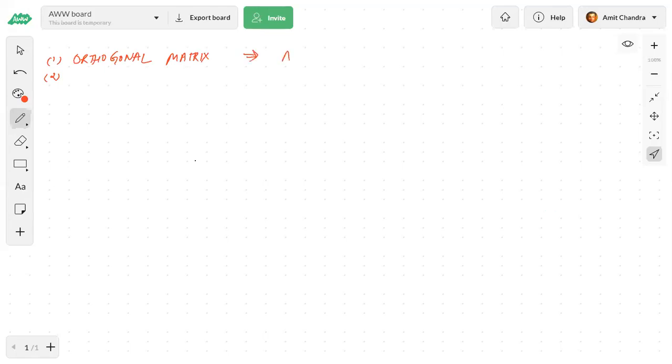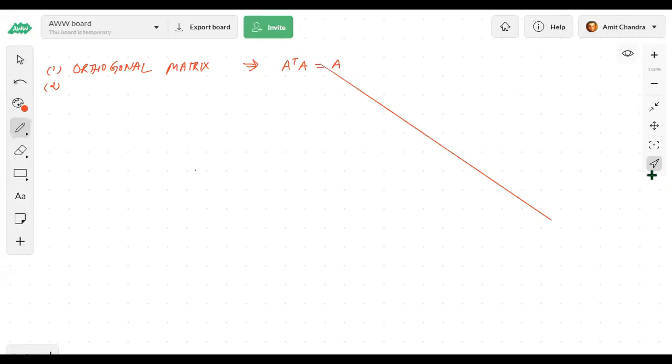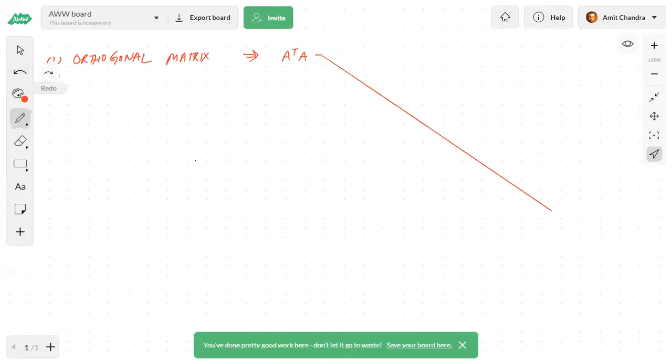A transpose into A is equal to A into A transpose is equal to the identity matrix.